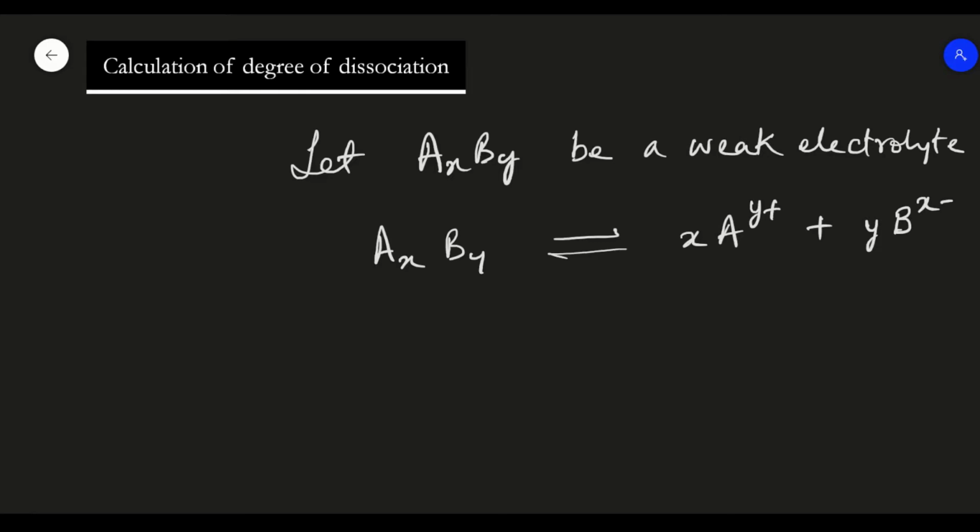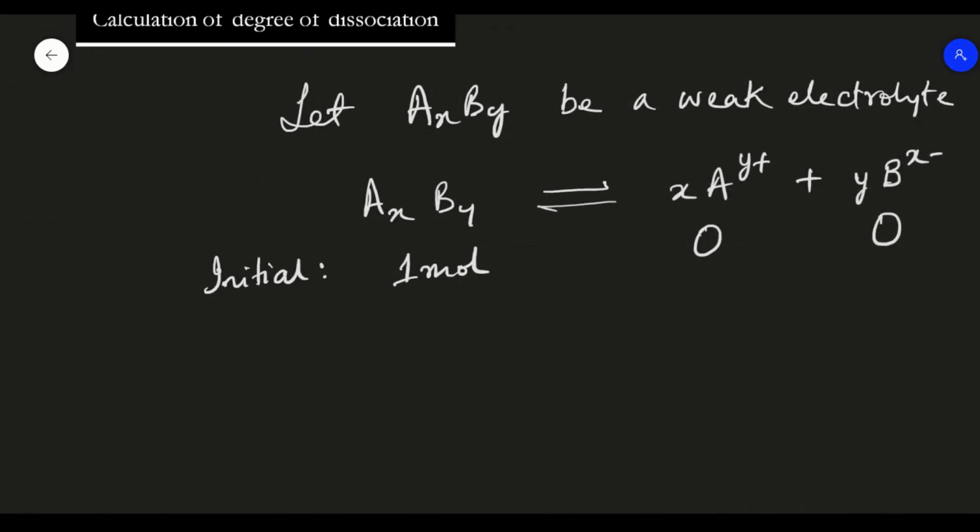Now if the concentration of the solute taken is 1 mole, or in other words, the initial concentration of the electrolyte before dissociation is 1 mole, and in this case it is obvious that before dissociation the concentration of the ions would be 0.